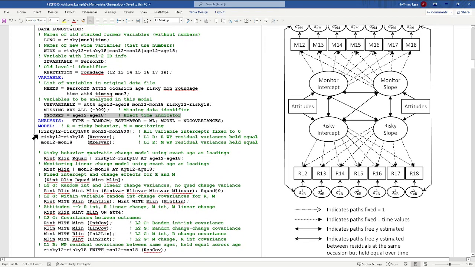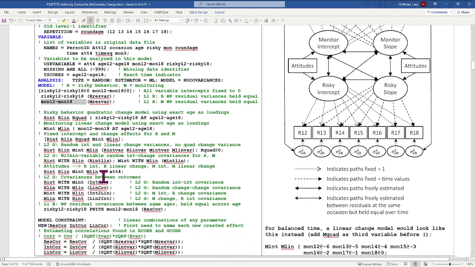Because it's wide data, we have to tell it not to estimate the intercept for each of my observed measures from 12 to 18 for both variables. I am going to constrain the residual variances at level 1 to be one value for risky and a separate value for monitoring. I'm doing that to be consistent with how it's specified in the multilevel version, the long data format.